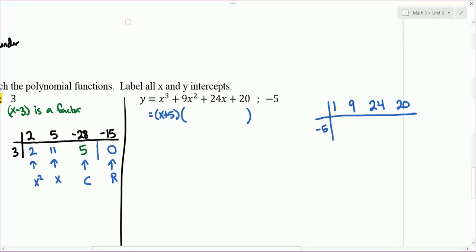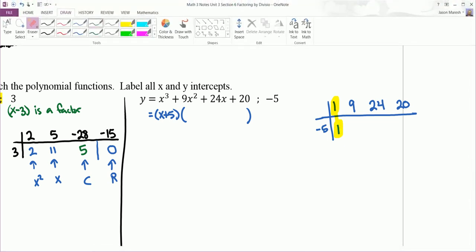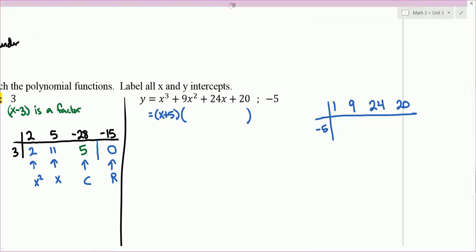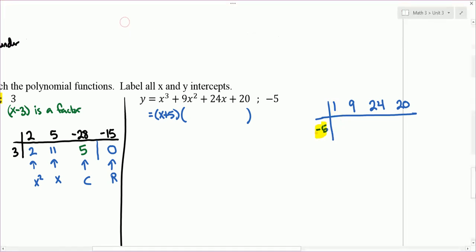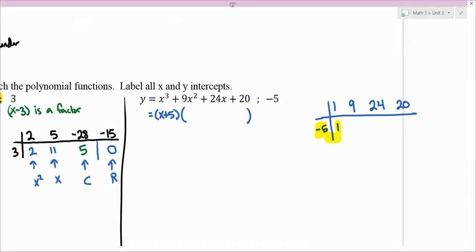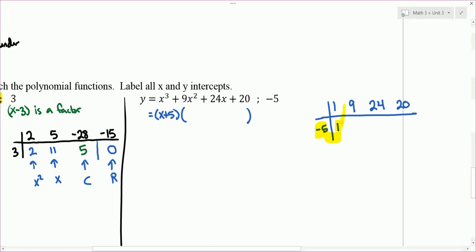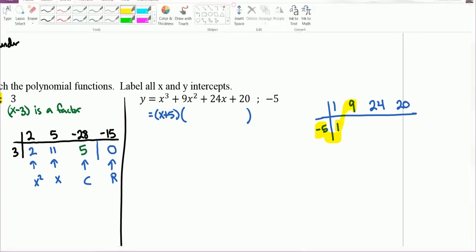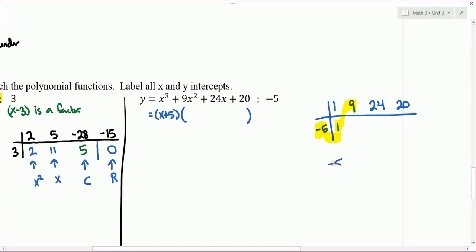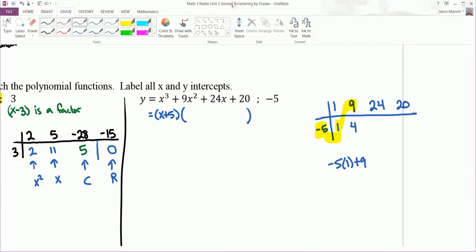Our first step is to take that 1 and drop it down. Then we're going to multiply negative 5 times that 1 that disappeared, and then add it with the 9. So negative 5 times 1 plus 9 is 4. And you write that right below the 9.